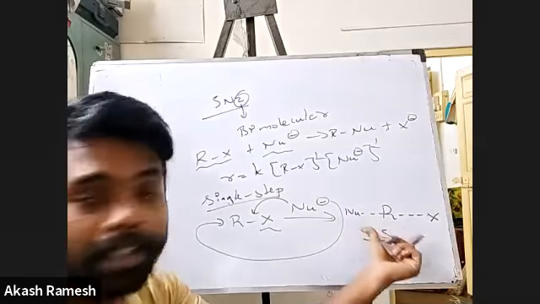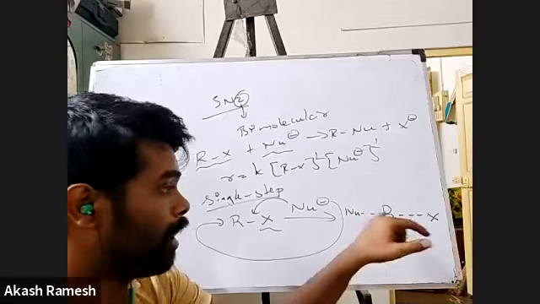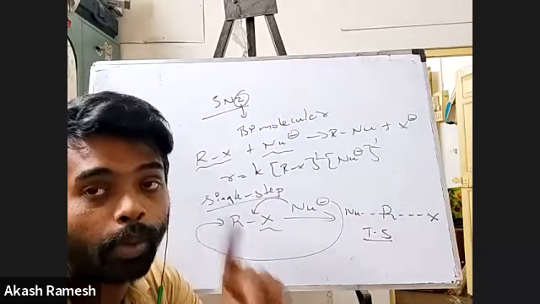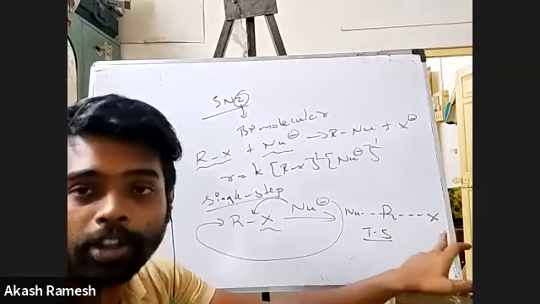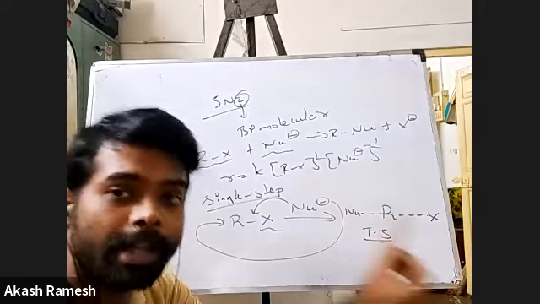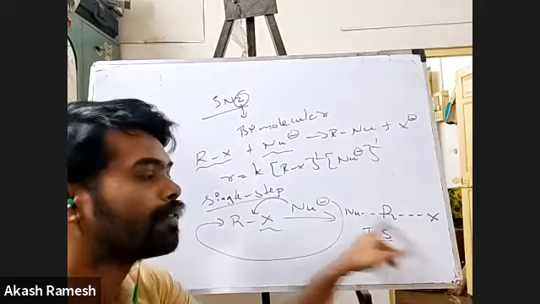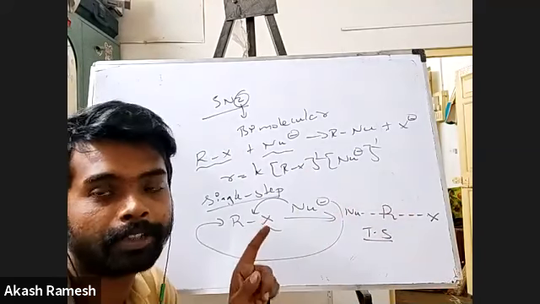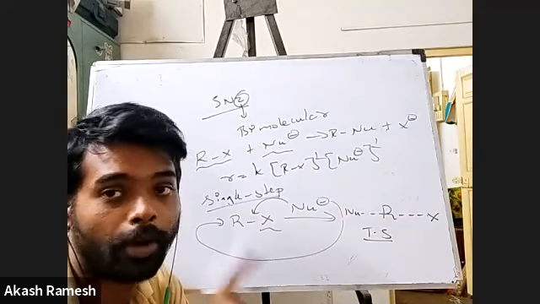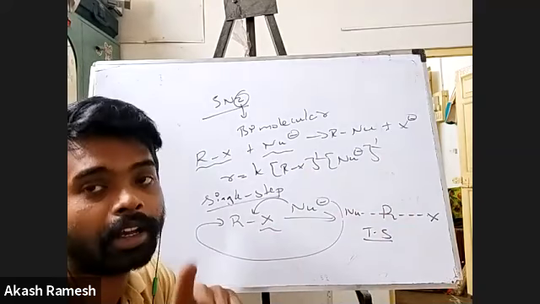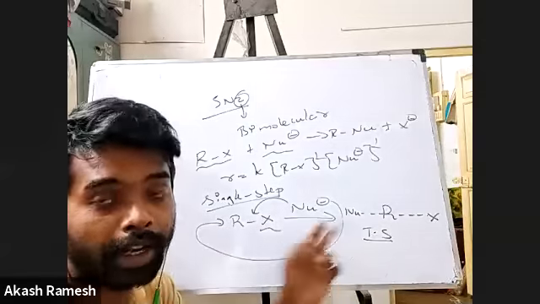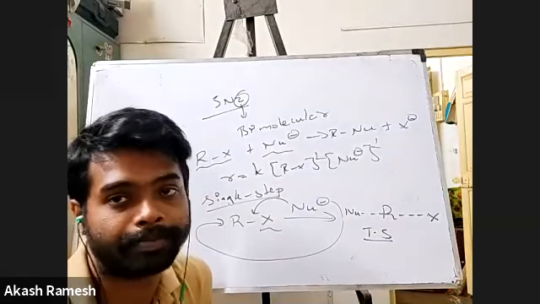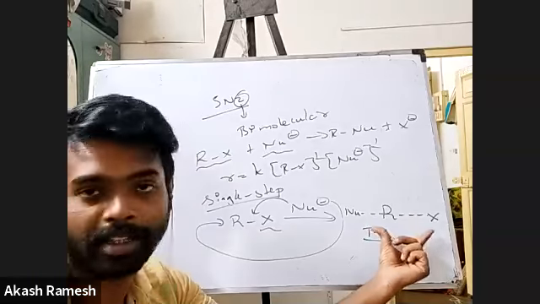There are 2 things happening. The R-X bond, that is the C-X bond, is breaking. Simultaneously, the C-nucleophile bond is getting formed. So the bond breaking between C and X and the bond formation between C and the new nucleophile happen simultaneously.